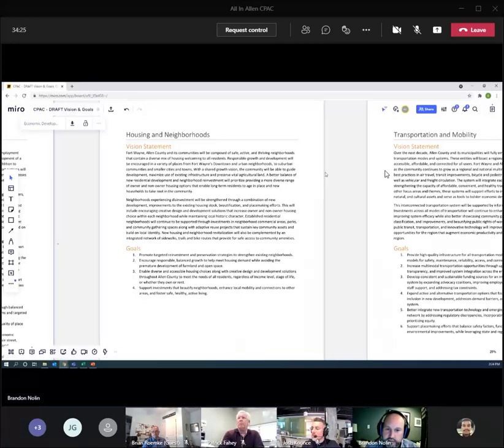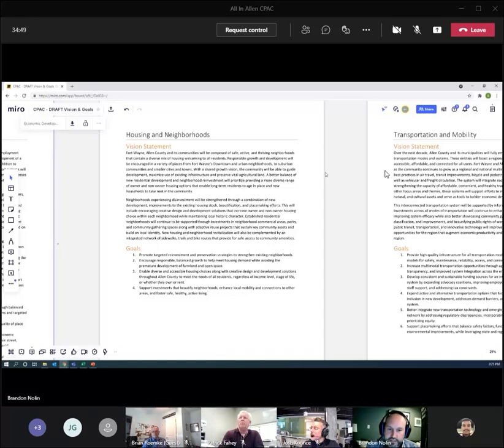So really looking at what we can do to encourage reinvestment and prioritizing infill where we can, and providing a diverse range of housing options, recognizing it can't all be the half-acre single-family home lots into the future. There needs to be a much broader range of housing offered in the region moving forward.